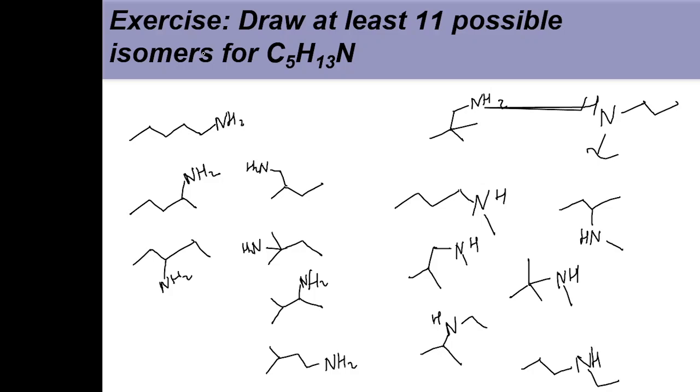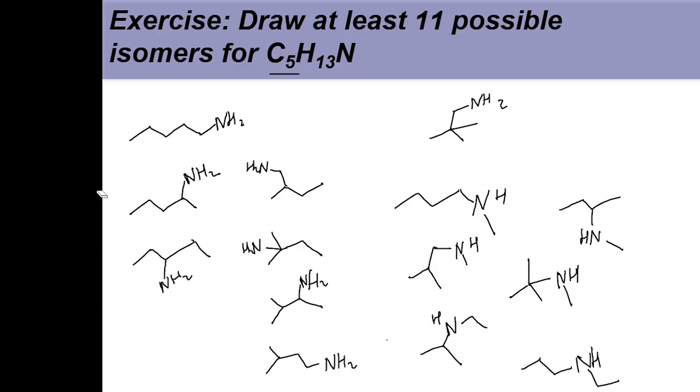Well, because we only have 5 carbons, if nitrogen has 3 carbons attached to it, then the other group will be maximally 2 carbons. And that will be included in the possibility of this case, when nitrogen is attached to a 3 carbon chain with an ethyl substituent on it. So those are going to be duplicates from the structures we already have.